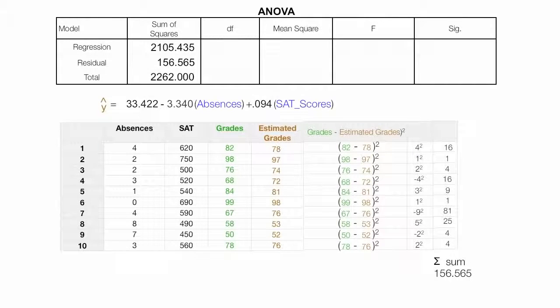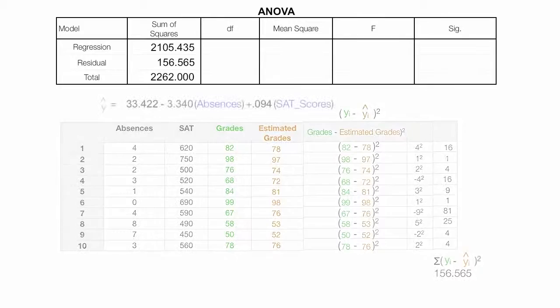Now for a little notation. I take grades, which is yi minus y hat i, square it all up. By the way, that little i, all that means is do this for every single value or every single observation or for all the students. And the sum of yi minus yi hat squared is the notation that you'll see often in your books and your professor uses.